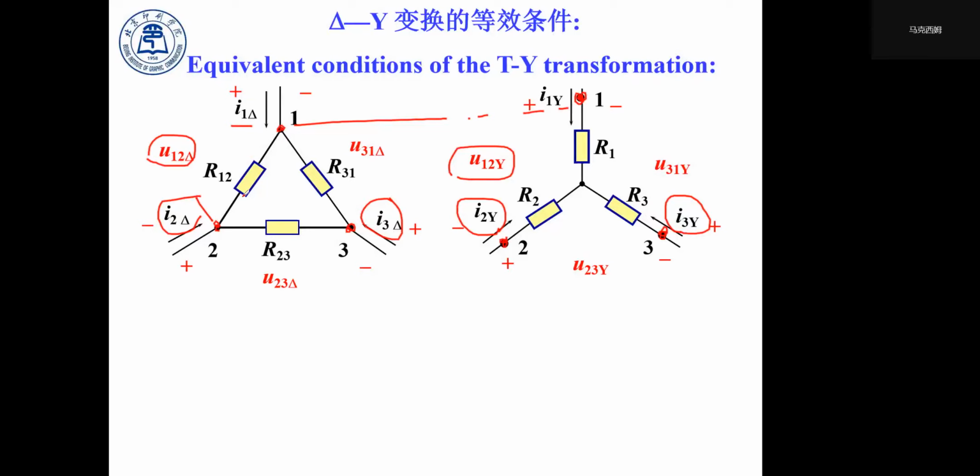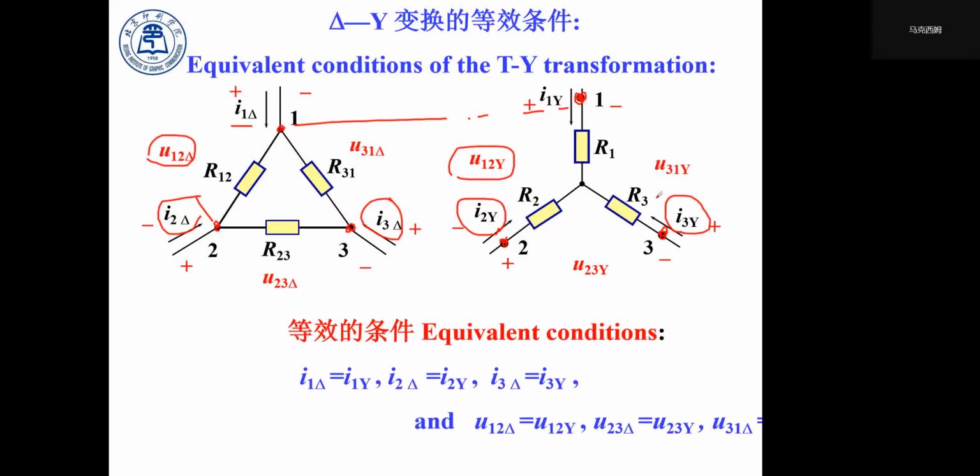And we don't care about what happens inside, but we have to make sure that after the transformation the current flowing into the terminals remains the same, and the voltage between the terminals is identical.